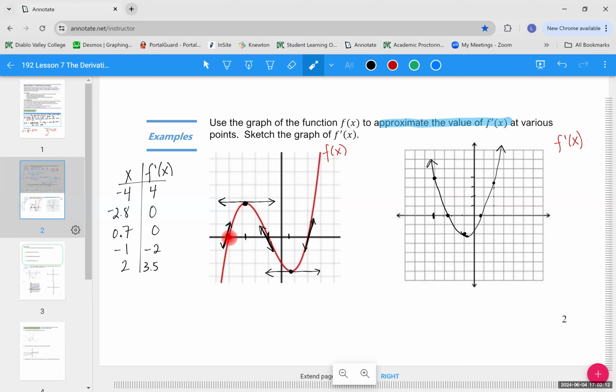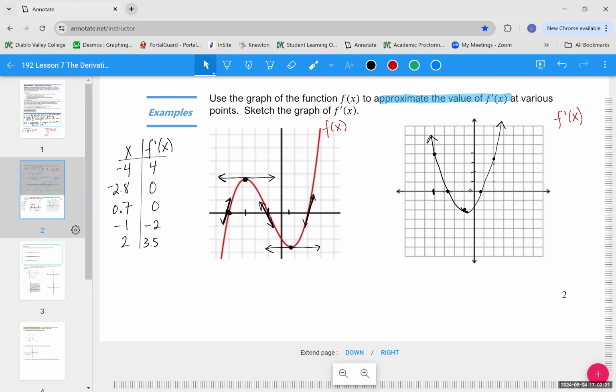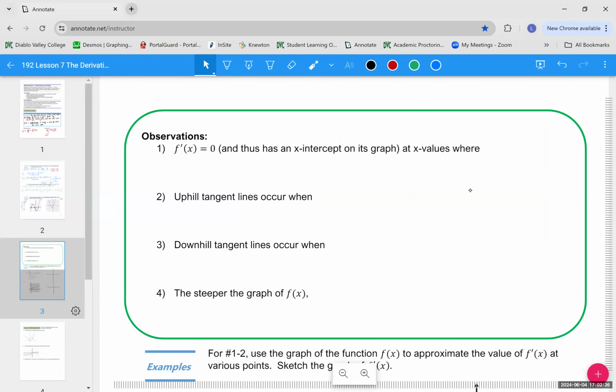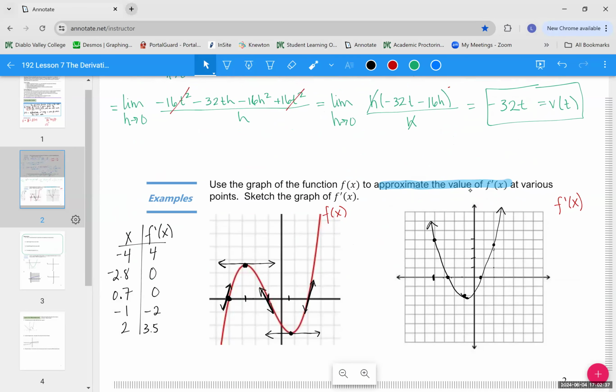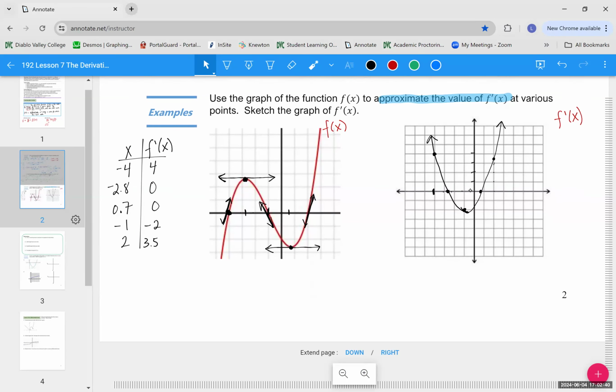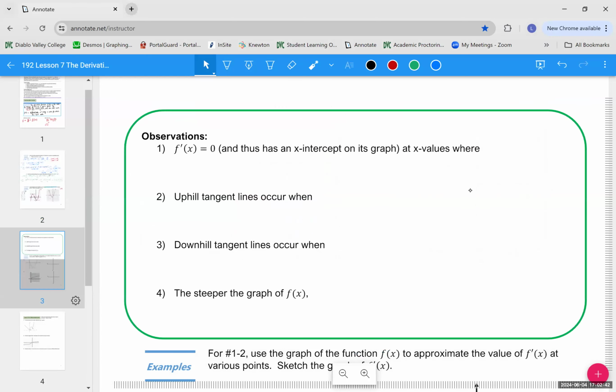You can also think of it as the slope of the curve. Sometimes I think the tangent line is a little bit easier to visualize. So I have, I believe, a place where we're going to fill in a couple of observations. I want you to take a minute and look at these observations and go back to the picture that we have on this page and see if you can get a little bit of intuition about when is the derivative 0?